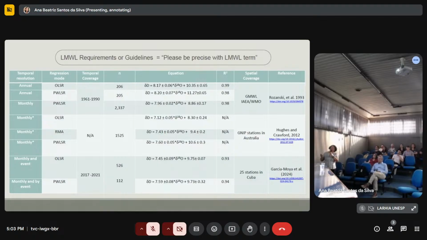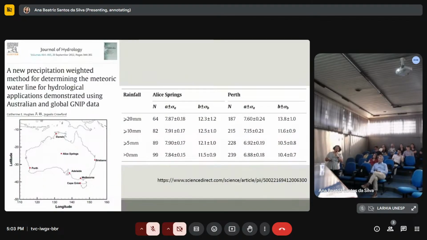So here you have the Lozansky document that is the cornerstone of this work sometimes. There's a nice reference from Australia and a recent publication that was done in Cuba that makes this proper documentation and can be used as an example for the local meteoric water line.